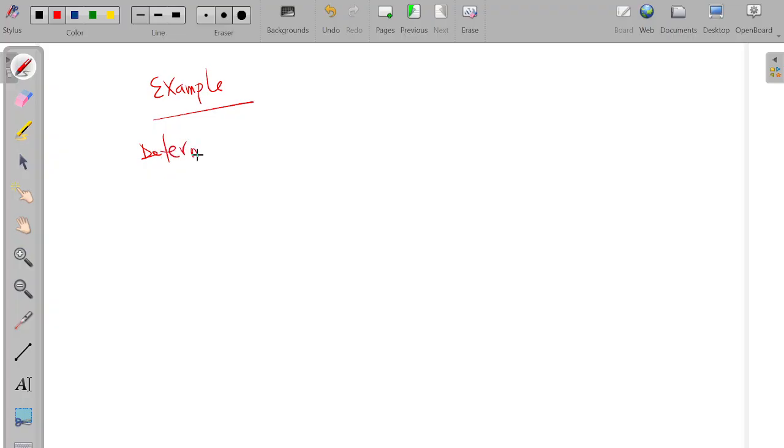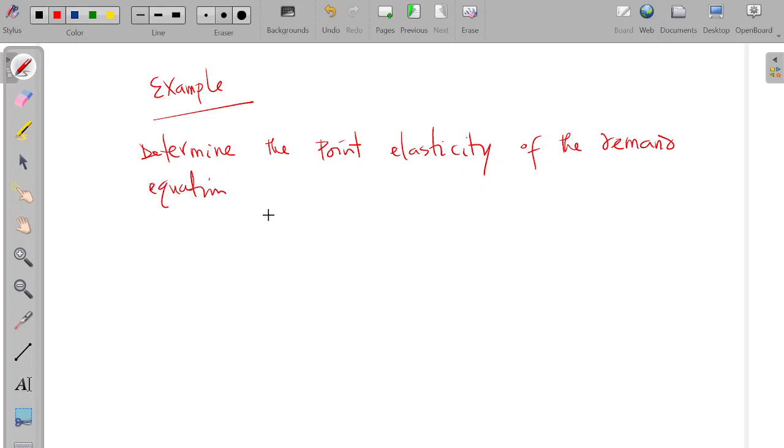Determine the point elasticity of the demand equation P equals K over Q, where K is greater than 0 and Q is greater than 0.